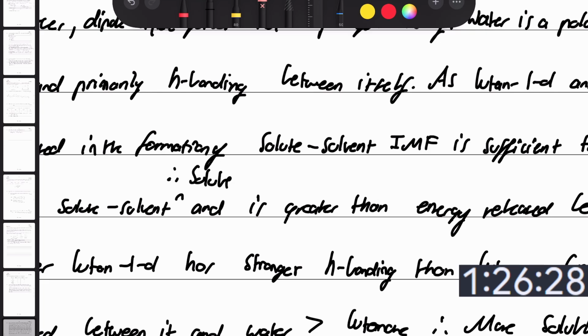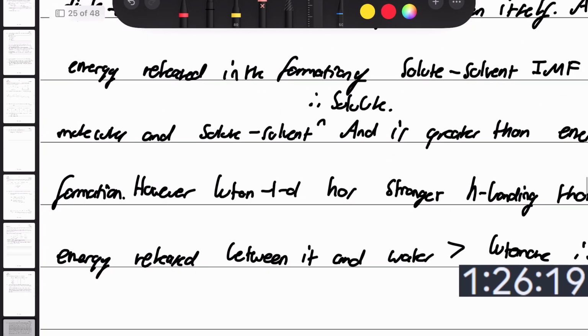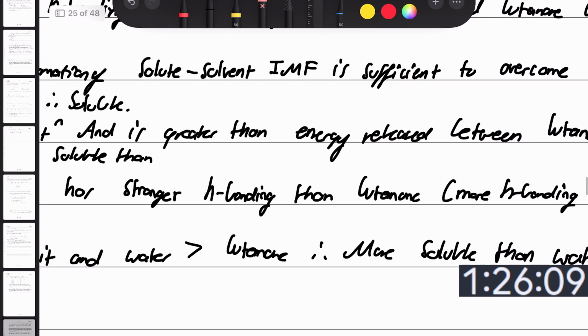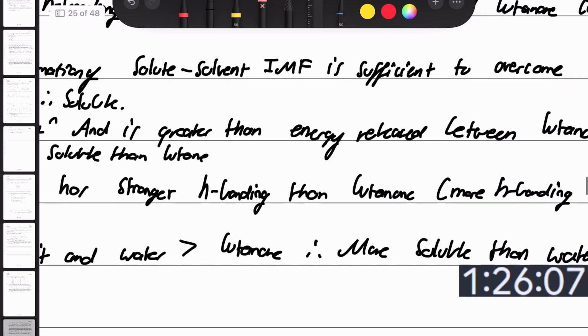I'll say therefore soluble here and it's greater, therefore they are both more soluble than butane.